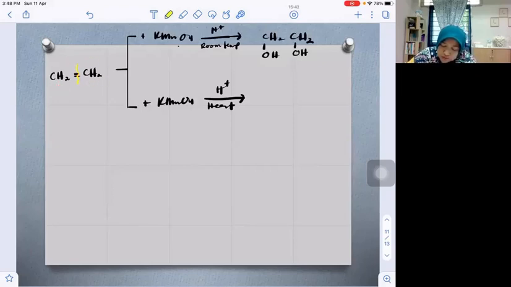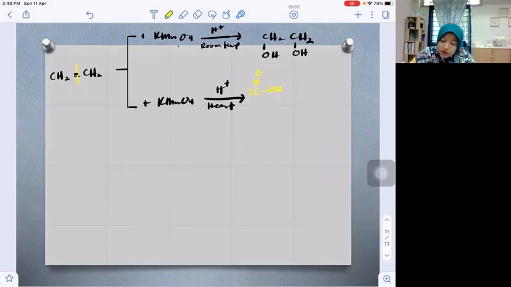Initially it actually forms C double bond O, OH. Since we have a symmetrical alkene, both sides will turn to COOH, or methanoic acid. So we have 2 methanoic acids.